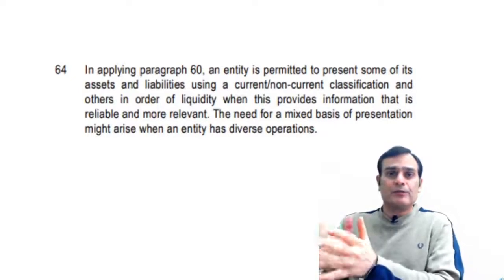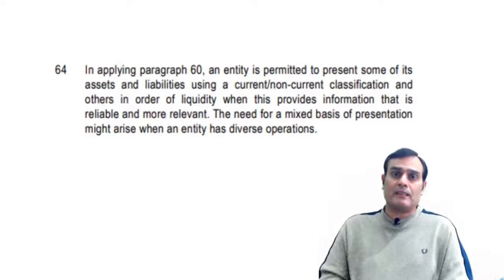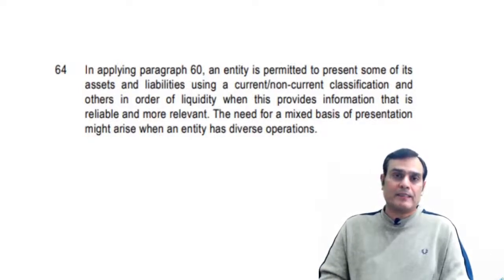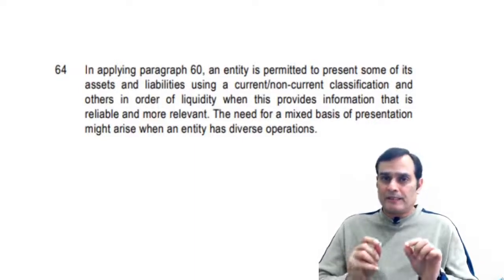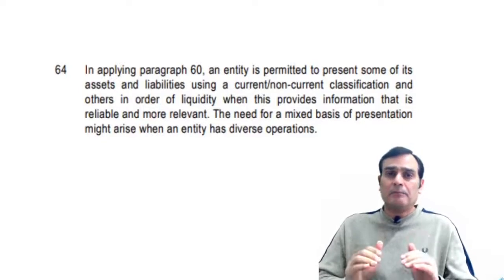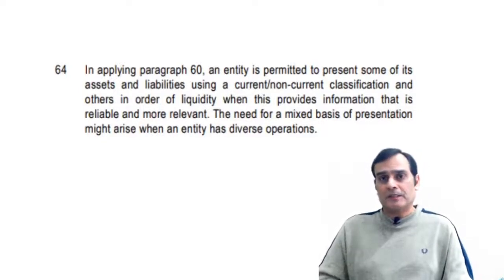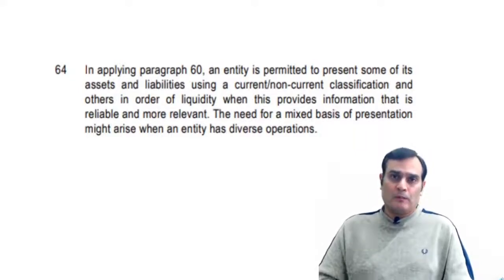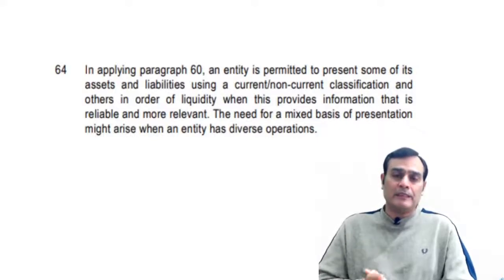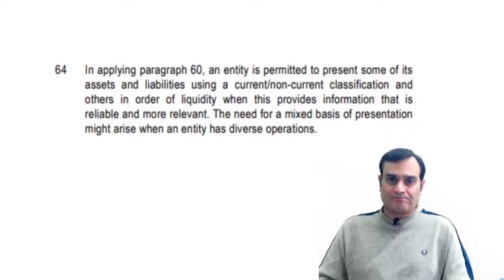And third is you go for a mixed presentation, current and non-current for some assets and liability, and the order of liquidity in terms of other assets and liability. So in effect, you can say there are three kinds of presentation of assets and liability in the balance sheet. Though, of course, the most popular, leaving the exceptions of a mixed presentation and order of liquidity, is always a current and non-current distinction.